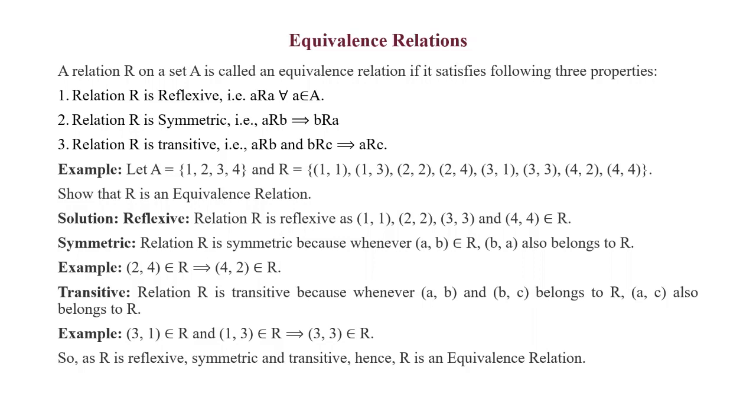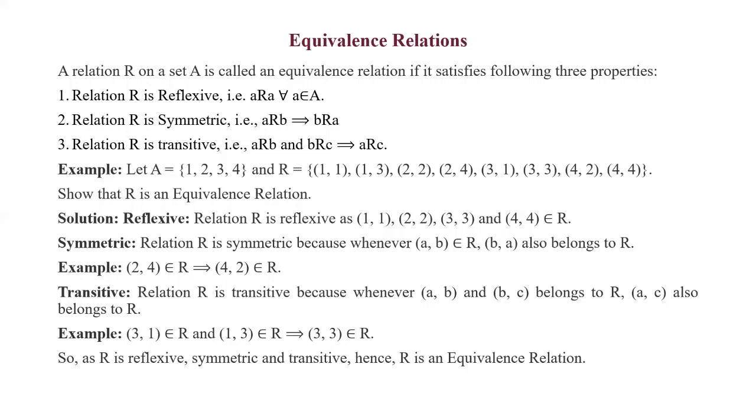Same in symmetric: if A is related to B, that is (A, B) belongs to R, then (B, A) also belongs to R, or you can say B is related to A in relation R. For transitive, if A is related to B and B is related to C, then A is related to C, that is (A, C) also belongs to R. So if these three properties are satisfied by any relation, then we can say that the given relation is an equivalence relation. See the example.